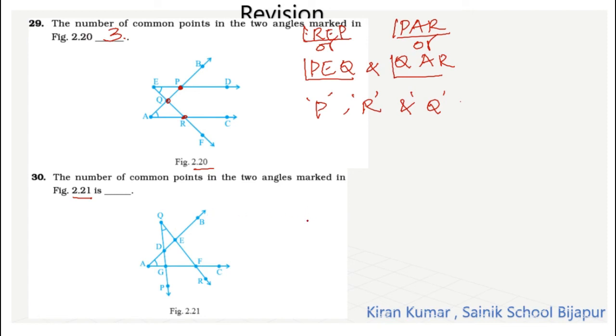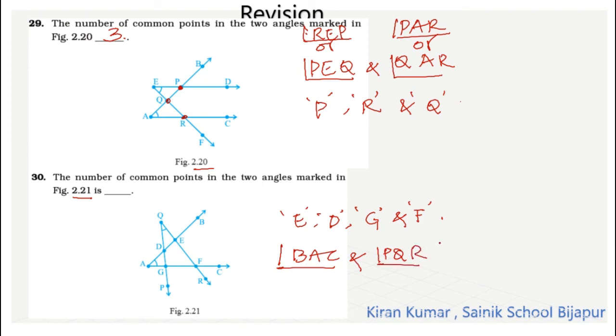Those points are E will be common, D will be common, G will be common, and point F is common. If I consider the angle as BAC and one more angle as PQR, if I consider these two angles, these points will be in common, so the number of common points are 4.